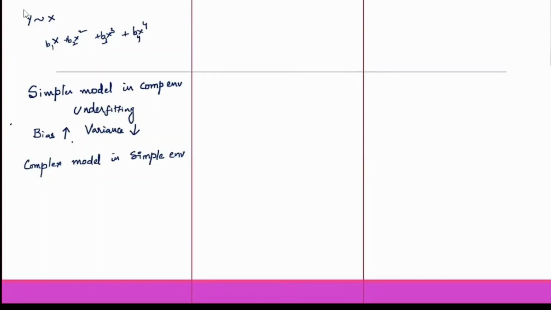In these cases, the bias will be lower, because when I'm fitting my model, the gap between the actual and predicted values is very low on the training data. The variance, on new data, is where the error is going to be much higher. And this error is primarily because of the variance.